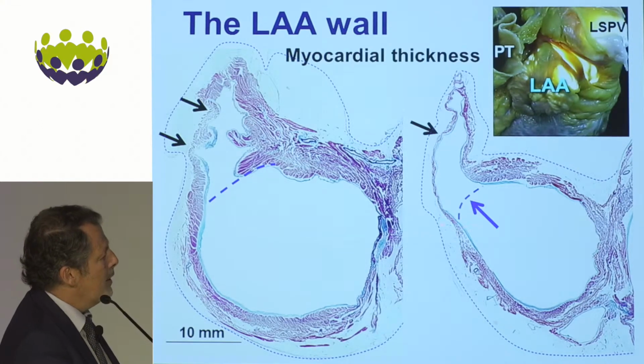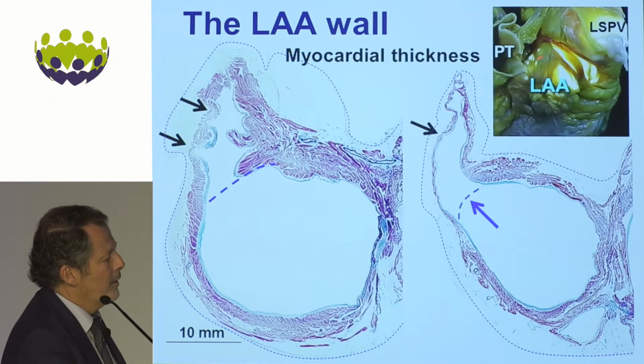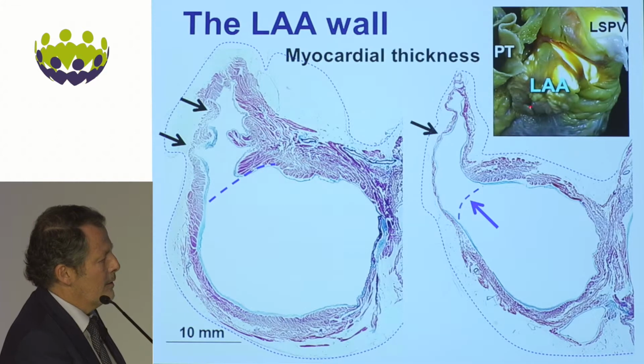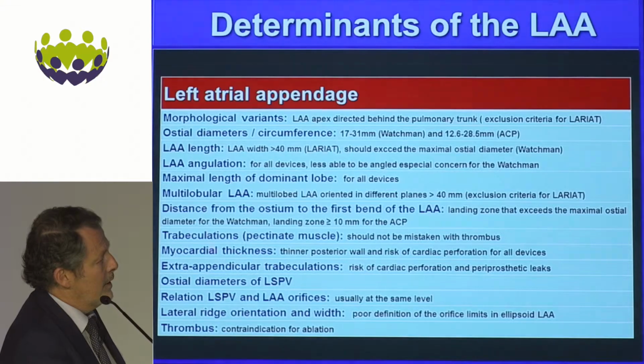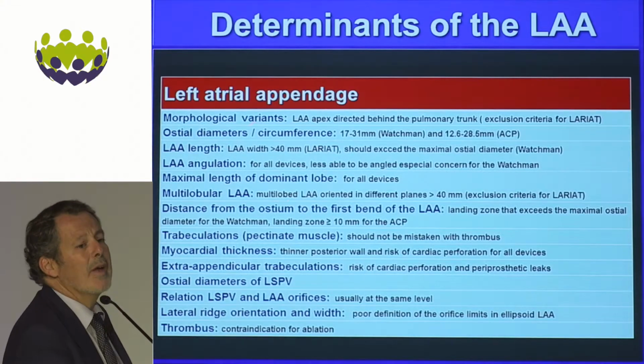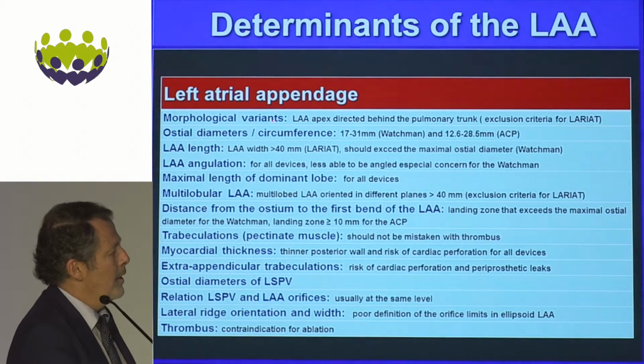Therefore, a thinner aspect of the posterior wall of the left atrium. Here, this is 10 millimeters. Please note that this is 1 millimeter or less. And in some cases, they are absent of muscle, as can be seen here. This is the orifice of the left atrial appendage from an epicardial point of view.